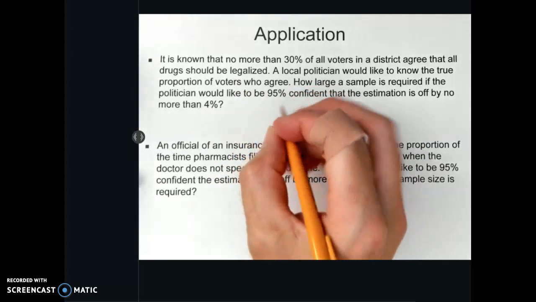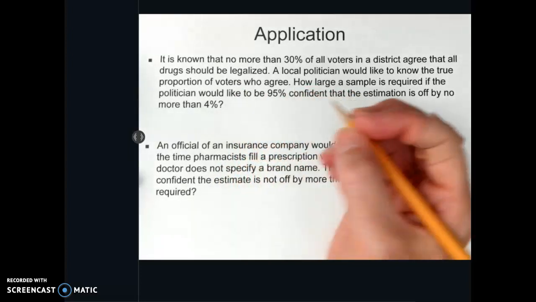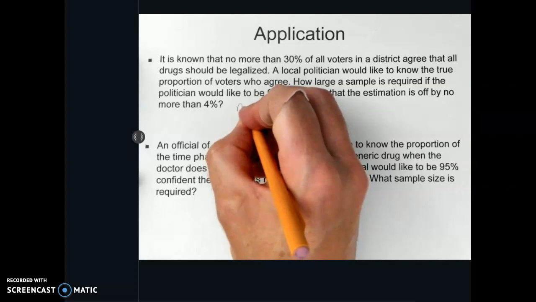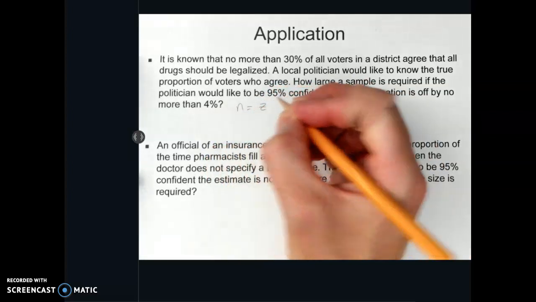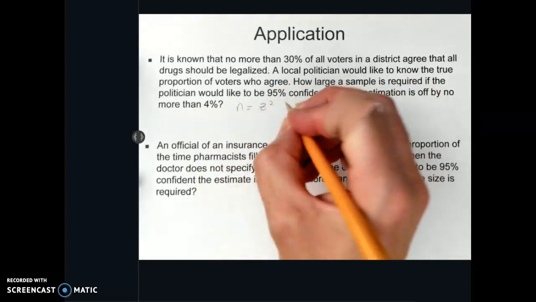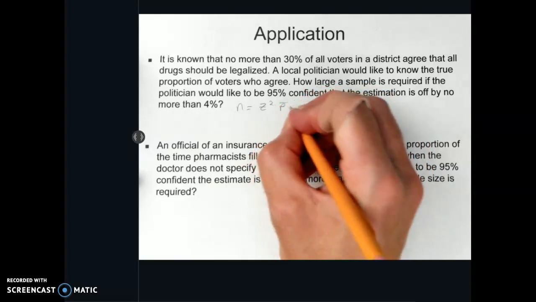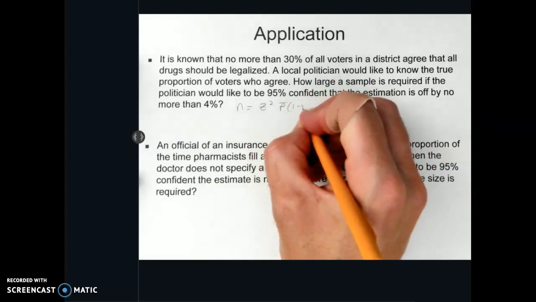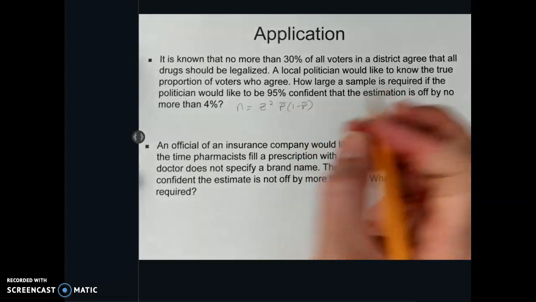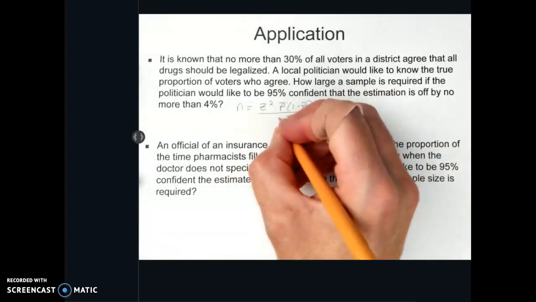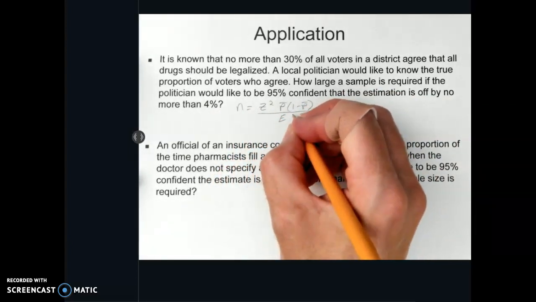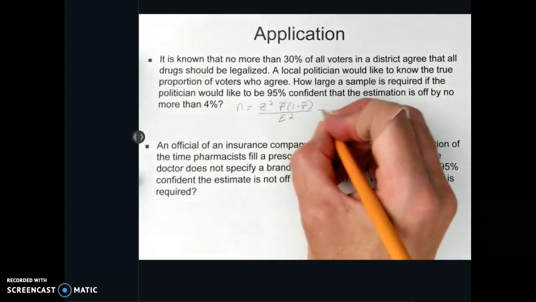Our formula for this type of question is going to be n equals z squared times p bar times 1 minus p bar, divided by margin of error squared. We just plug in our numbers.